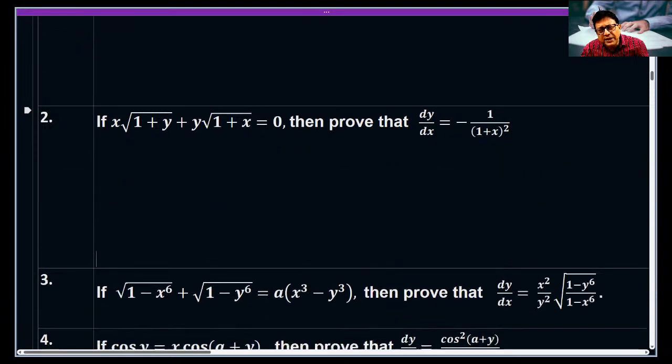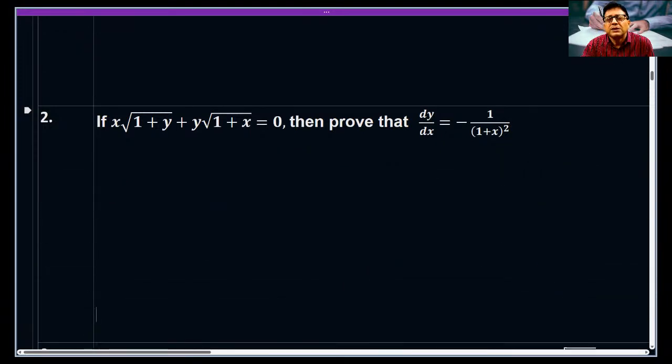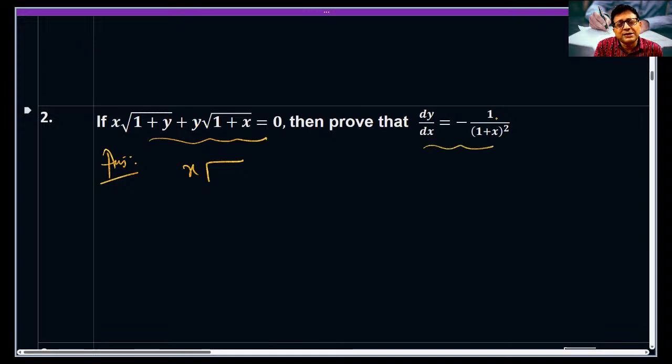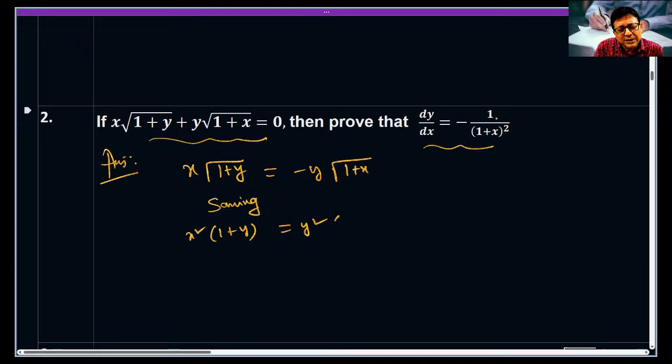This is a very common NCERT sum. This is just to remind you, because this is one of the important sums given in the textbook. The given expression is this, to get dy by dx. What I am doing here is transferring one term to the right side, then squaring: x square into 1 plus y, isn't it?